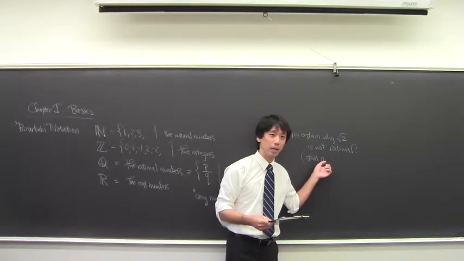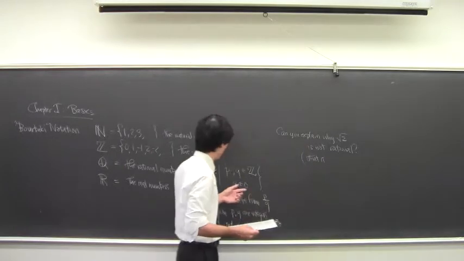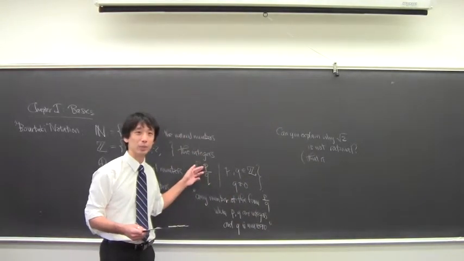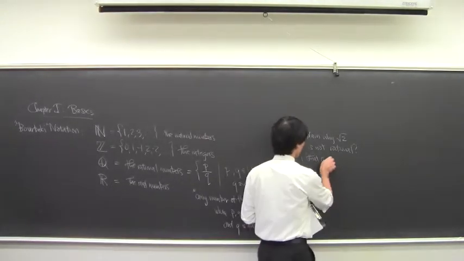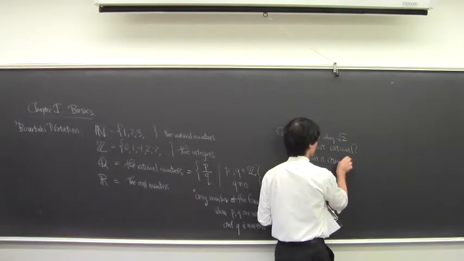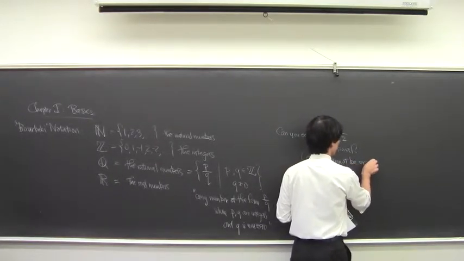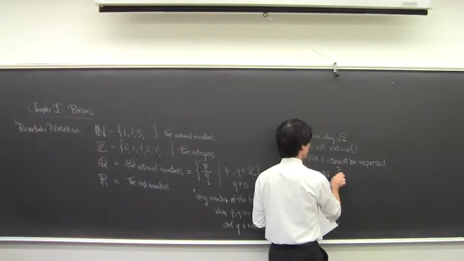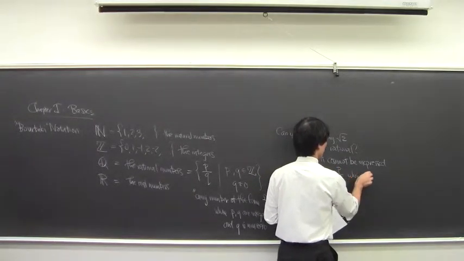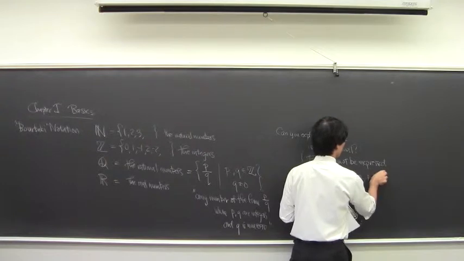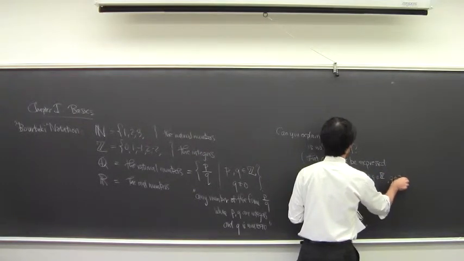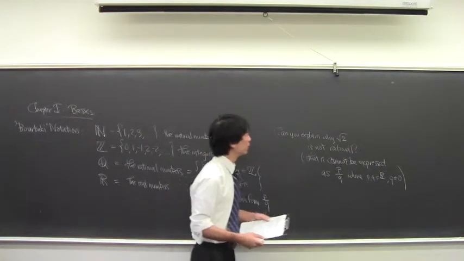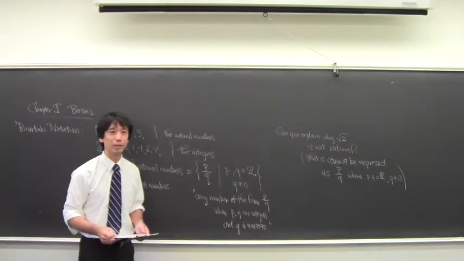It means that it's not expressible as a quotient. It cannot be expressed as p over q, where p and q are integers and q is non-zero. Can you explain why the square root of 2 is not rational?